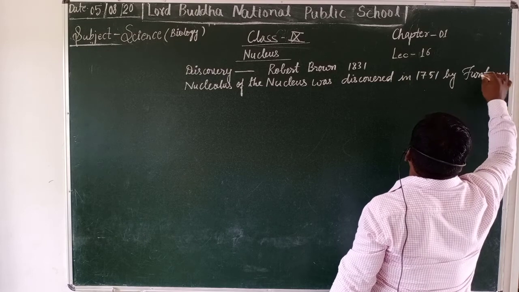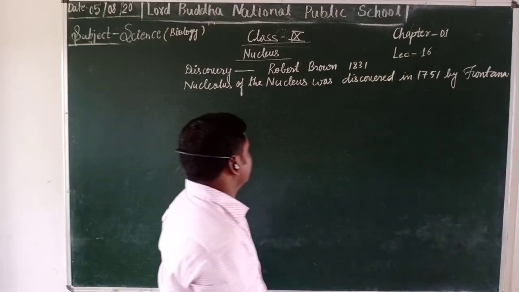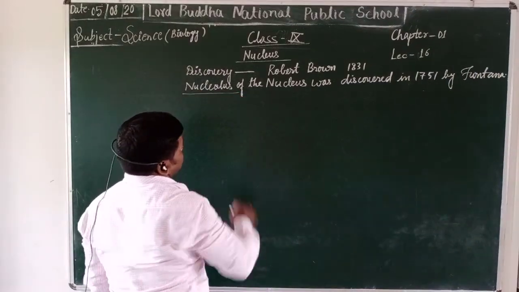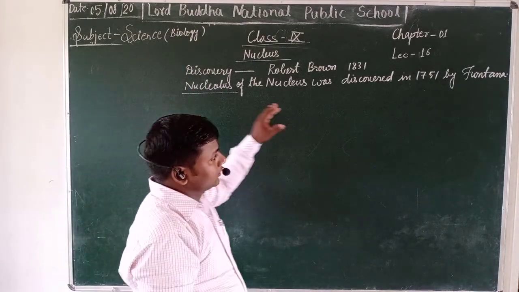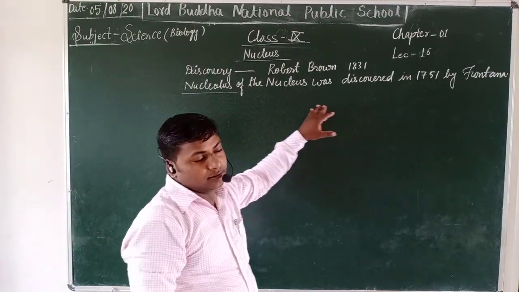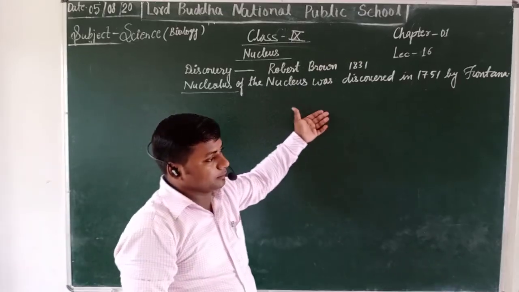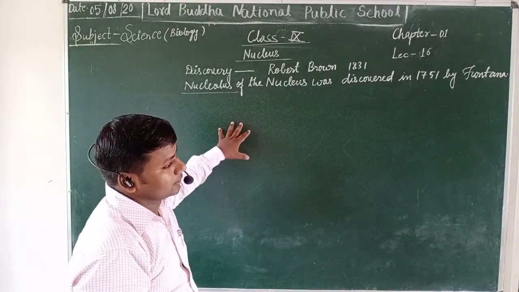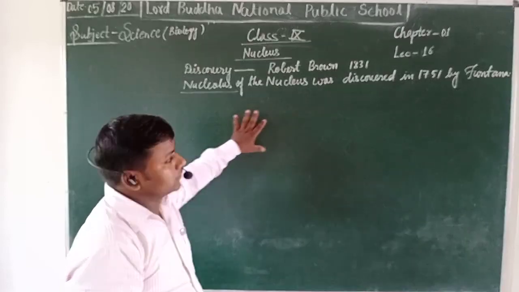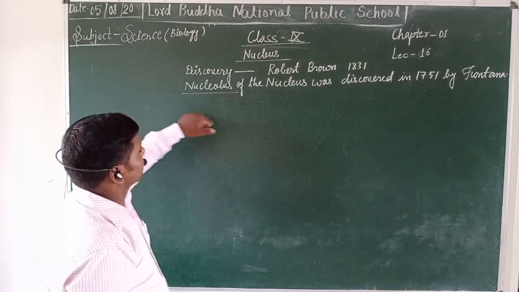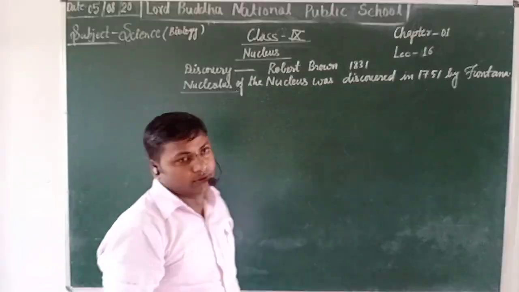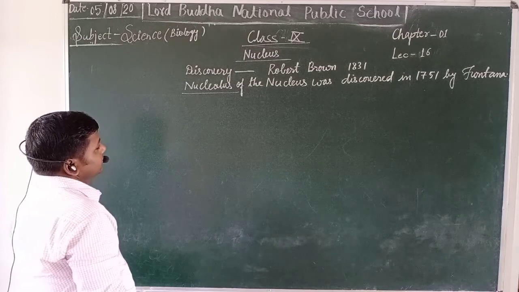It means the nucleolus of the nucleus was first discovered after the discovery of the cell in 1665, which was carried out by Robert Hooke. After that, the nucleolus was discovered, and then Robert Brown in 1831 discovered the nucleus.